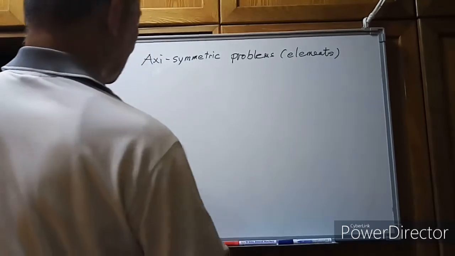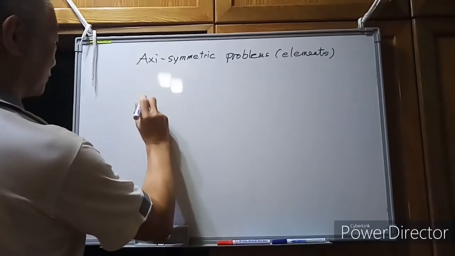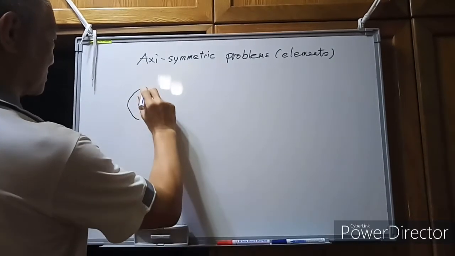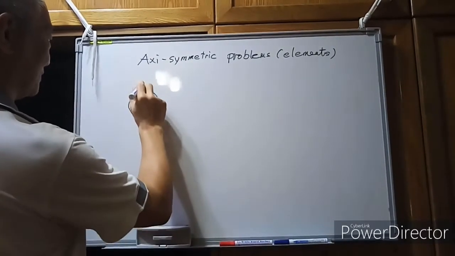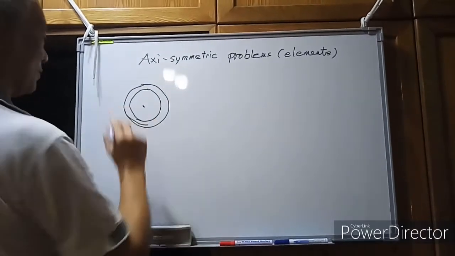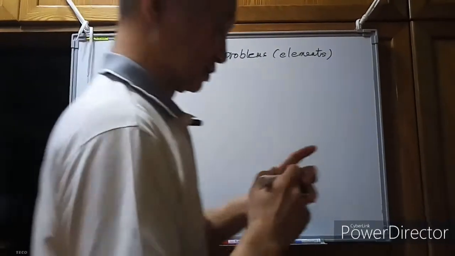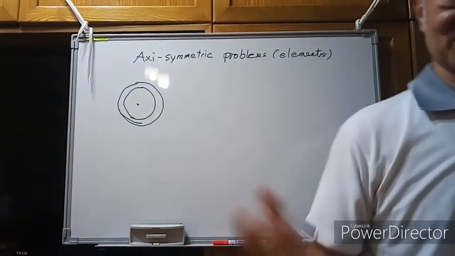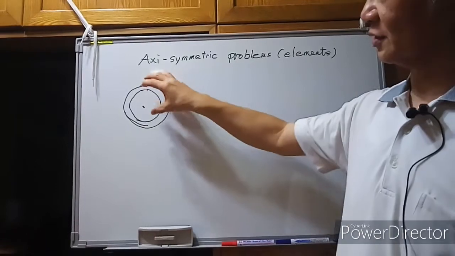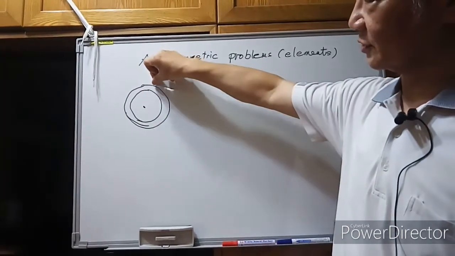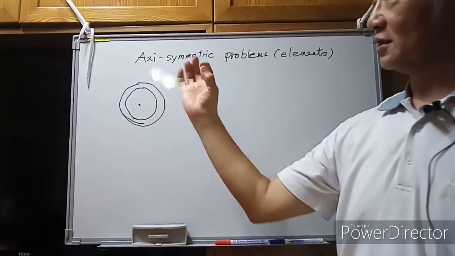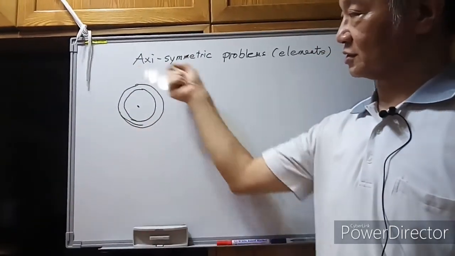For axisymmetric problems, let's take a top view and consider the donut. The circle is not very accurate, however it should be a circle, with an outside radius and an inside radius, surrounded by a circle.